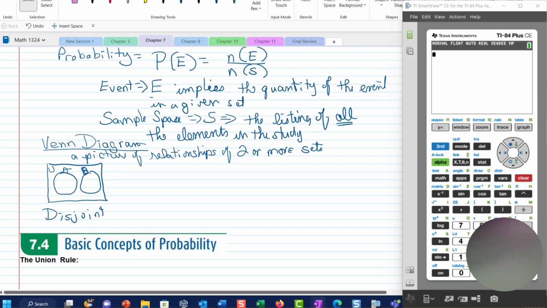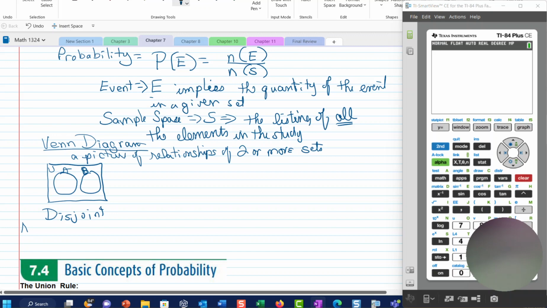And this means no elements in set A, I should say, let's be proper, exist in set B. They don't share anything.